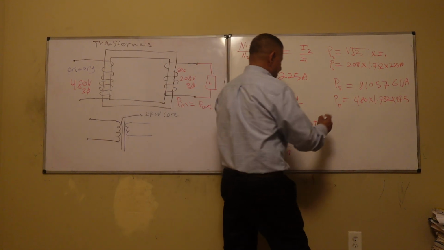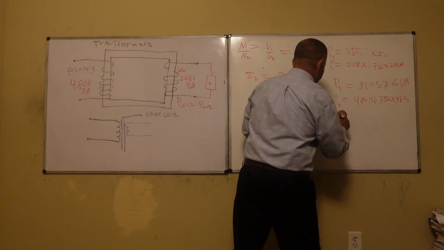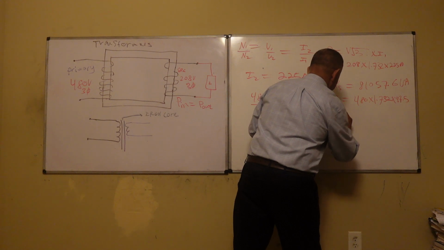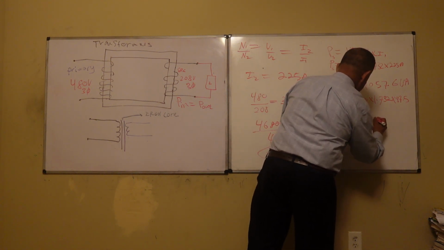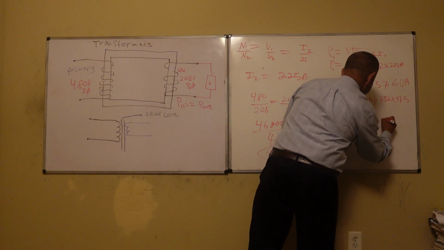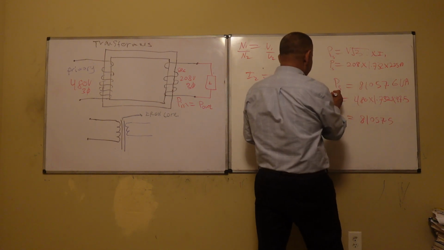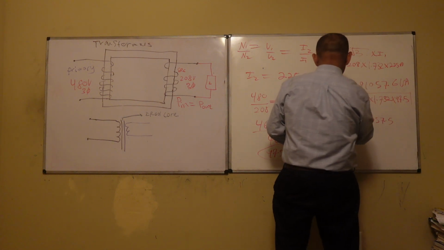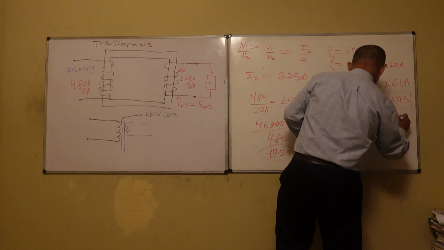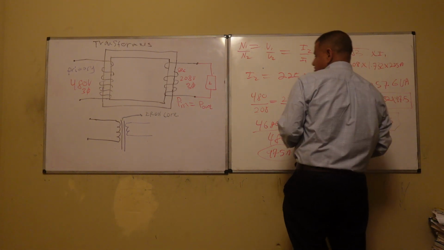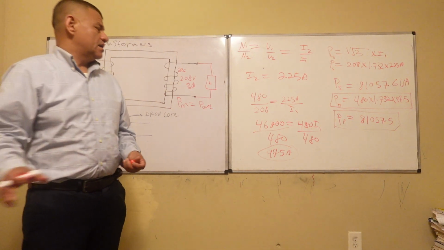Okay, and the power of the primary is equal to 81,057.5. See, the power is the same. Power of the primary has to be equal to the power of the secondary. That is the truth.